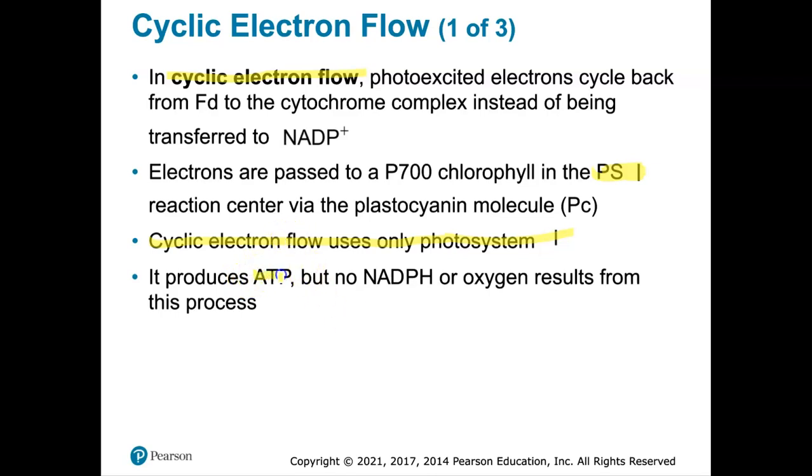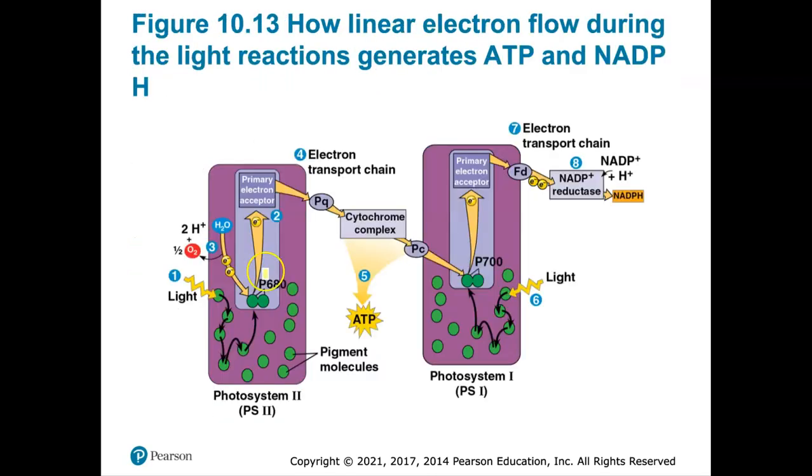When photosystem 2 is involved, then photosystem 2 produces ATP, and photosystem 1 actually produces NADPH. So the overview for both versions of the light reactions: the version that uses both photosystems, photosystem 2 produces ATP, and photosystem 1 produces NADPH.